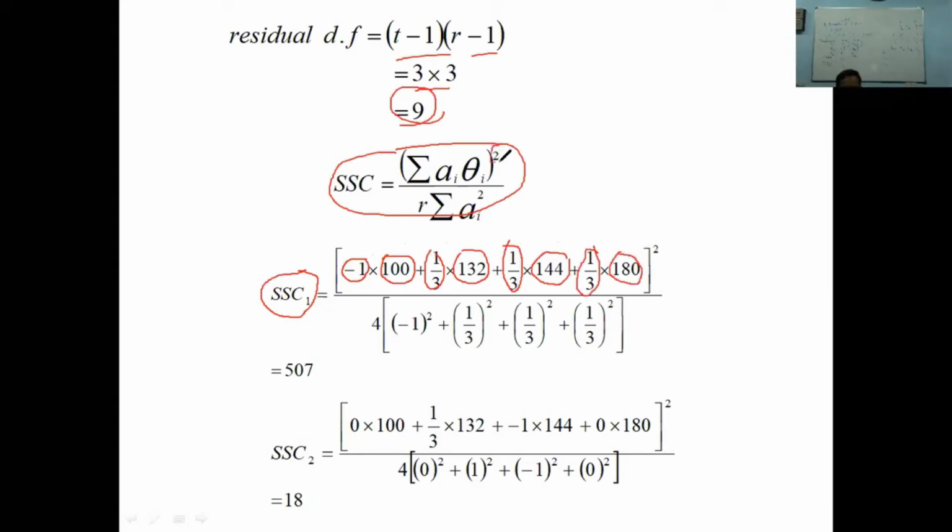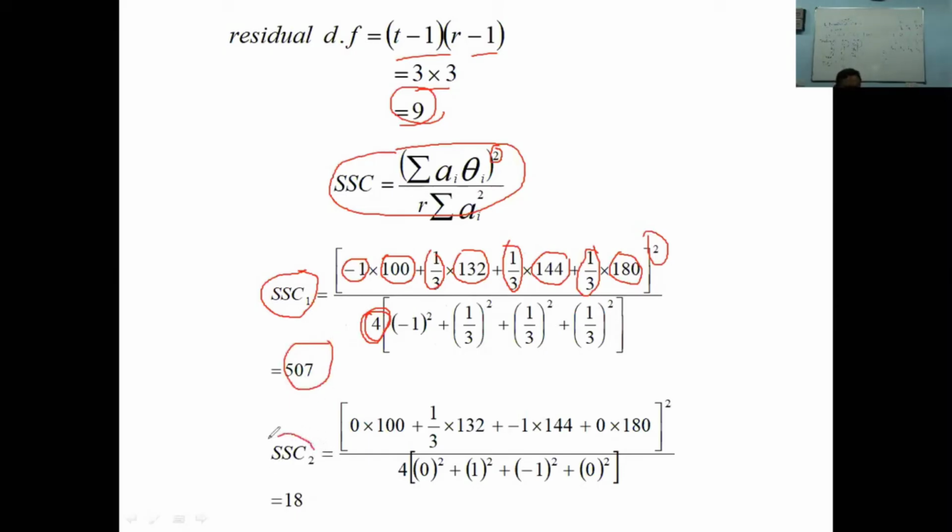Whole thing squared, divided by R. R is the number of replicates, number of blocks actually, times the summation of the square of all the coefficients: minus 1 square plus 1 over 3 square plus 1 over 3 square plus 1 over 3 square. If you get all these sorted out, you will get a value of 507.